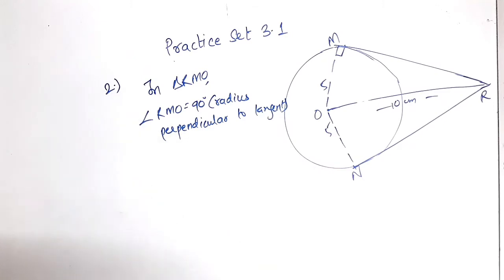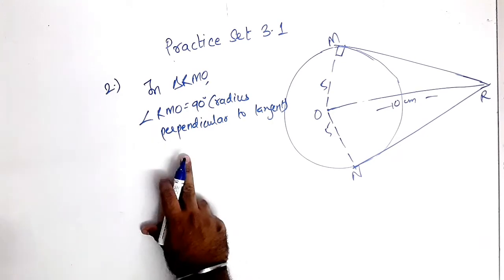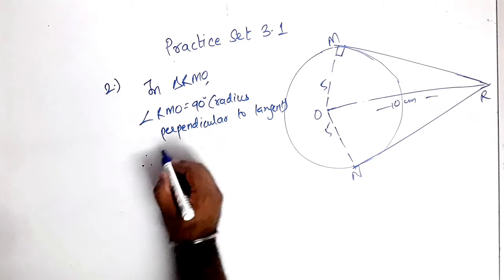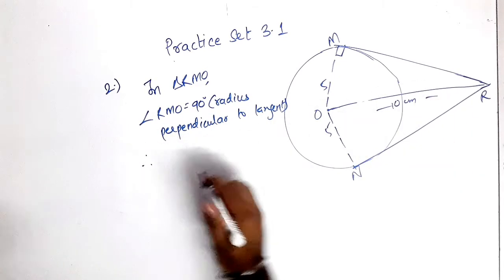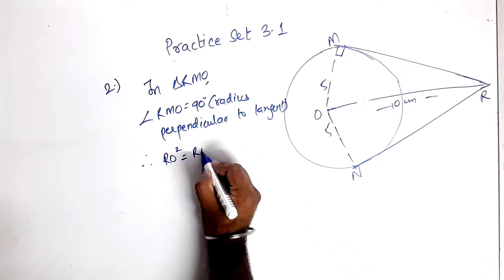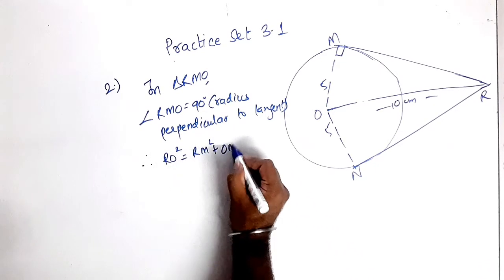Okay. Now angle RMO equals 90 degree, radius perpendicular to tangent. So here you can write, therefore, what is the hypotenuse? RO. RO square is equal to RM square plus OM square.